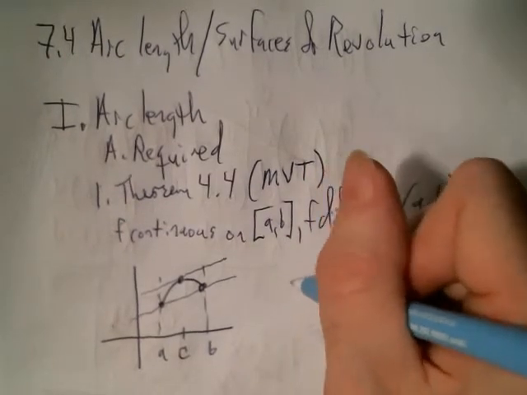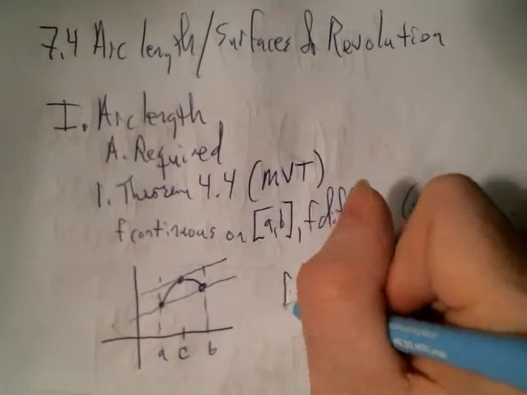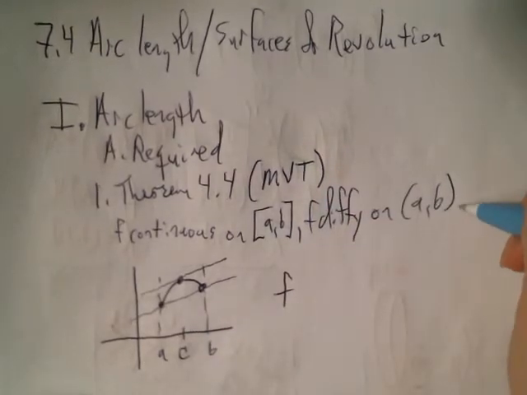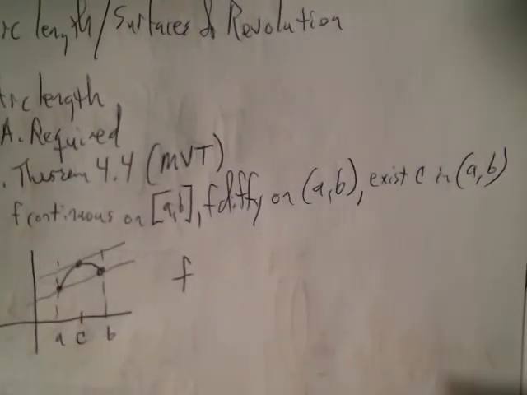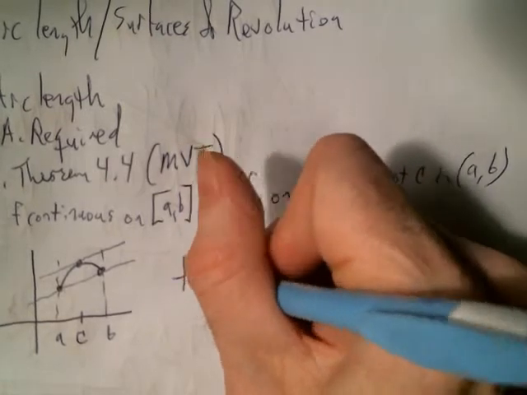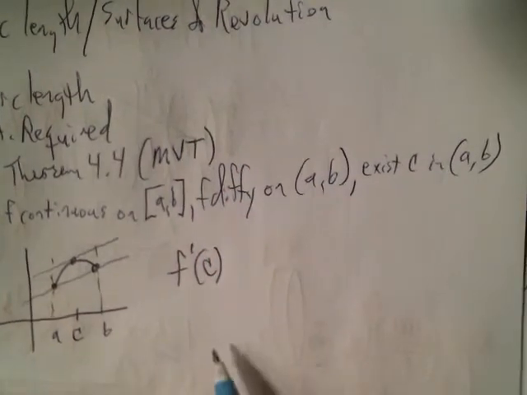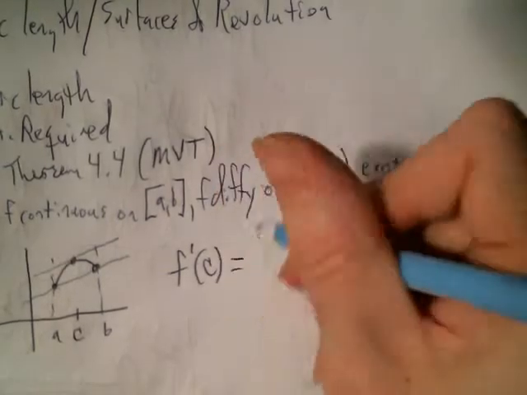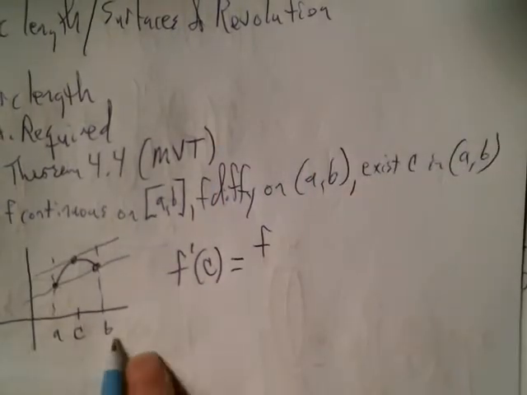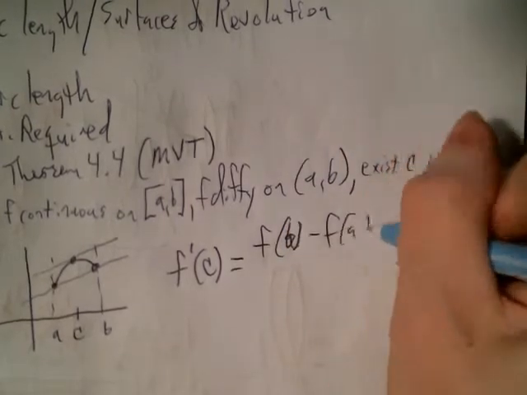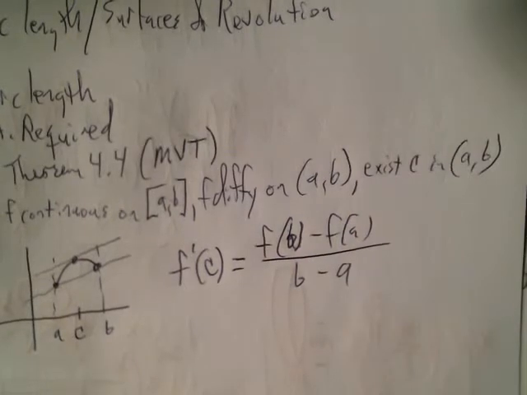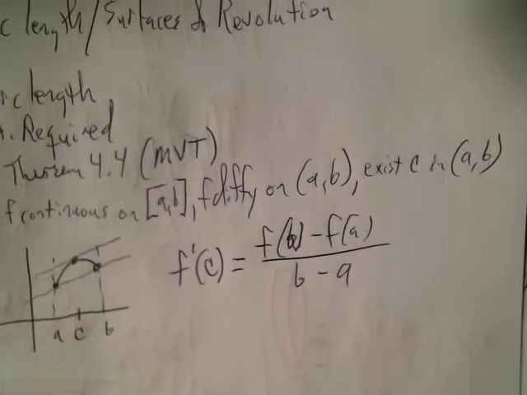In math symbols, there will exist a c in this open interval from a to b such that the slope of the tangent line at c, in other words, the derivative of f at c, will equal the slope of the secant line through a and b. Oops, it should be f of b minus f of a all over b minus a. Okay. So that's one thing we need.